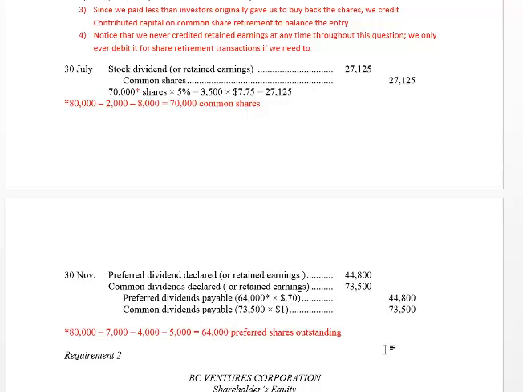Those preferred shares are going to pay out a dividend, according to our data in the equity section to open January 1st X5, 70 cents a share. So we are going to have to declare a dividend on the preferred shares of $44,800. That would be 64,000 times 70 cents a share. And because we're not paying the cash dividend yet, we would also credit our preferred share dividend payable.